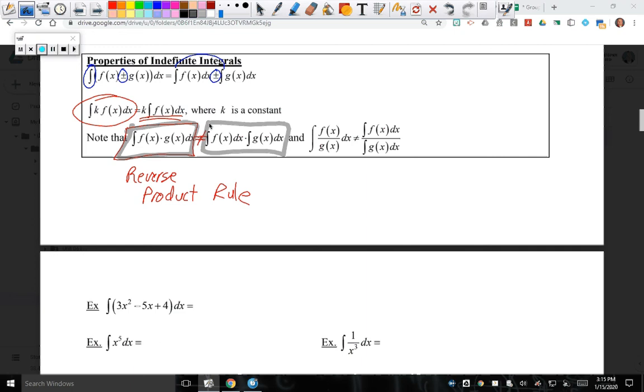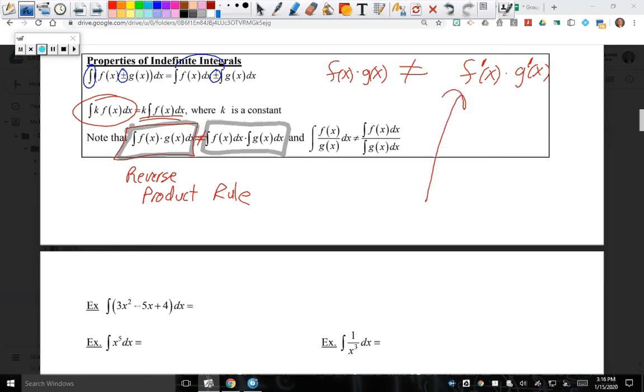Let me ask you from before. Remember when I told you that if you have f of x times g of x, it's not the derivative times the derivative? You had to do what? Use substitution. No, that's not where I'm going. You're right for the integral, but we're talking about derivatives.